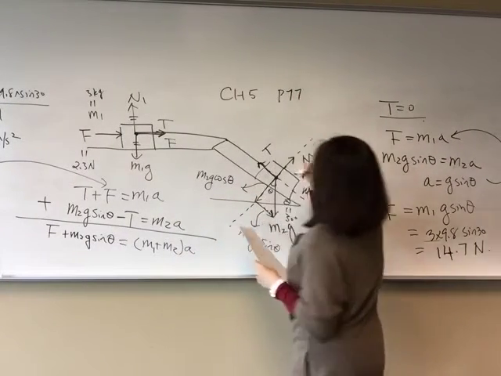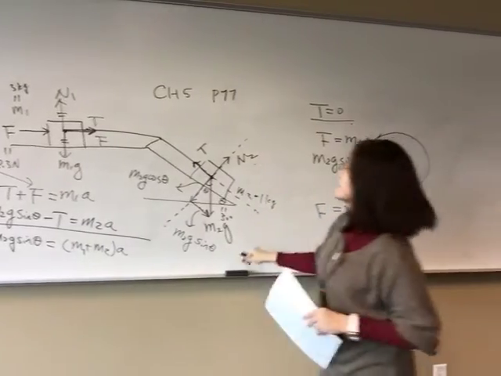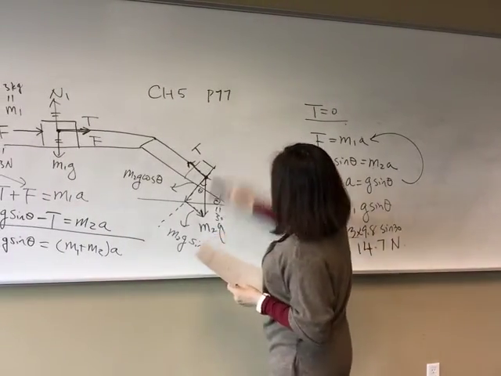So the last problem we want to do from chapter 5 is problem 77. I'm just going to erase this.